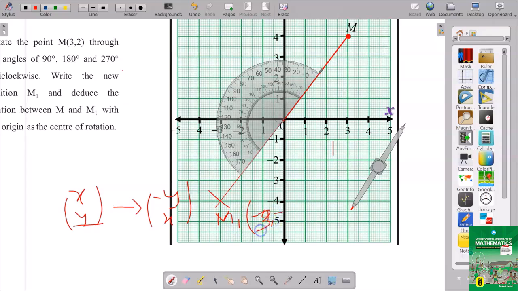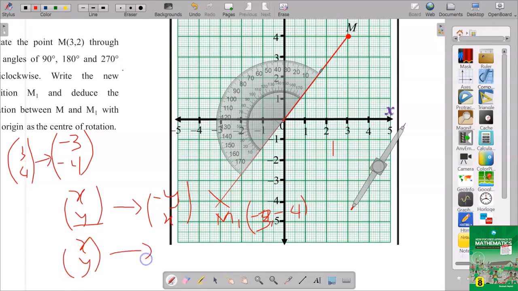The original point was 3 and then 4, and then the image is -3, -4, which means that if the original is xy and you rotate 180 degrees, you get the image to be the same xy, but then you negate both x and y, and that becomes the relationship.